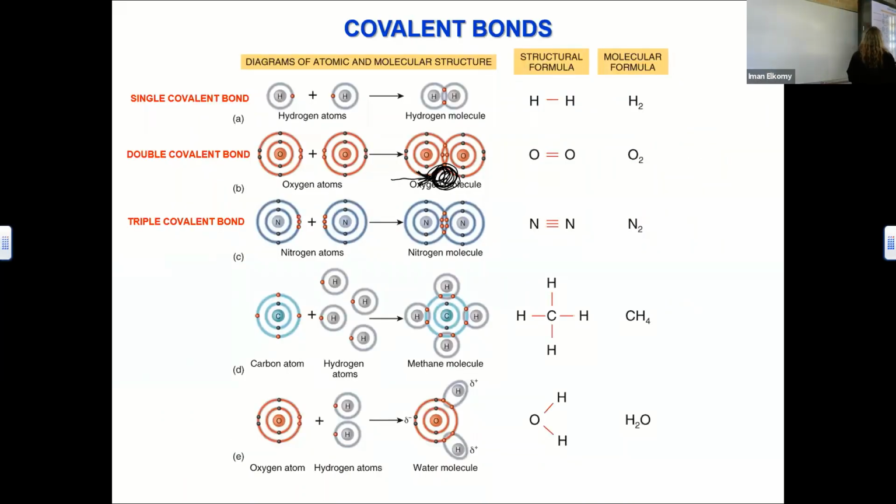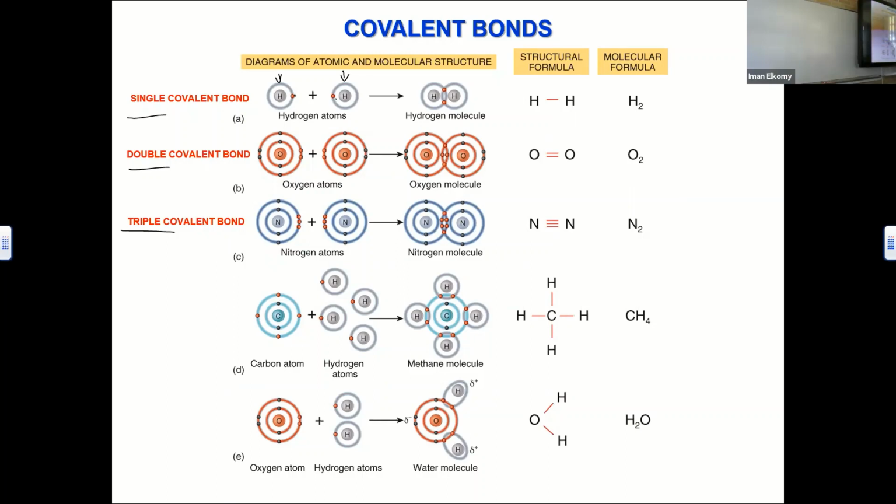Covalent bonds. Okay, these are the most common bonds, most commonly asked. Remember, I told you it could be single, double, or triple, and that number comes from the number of electrons that are being shared. Okay, so at the very top, I have two hydrogen atoms. I have one hydrogen here and another one here. They each have one electron.